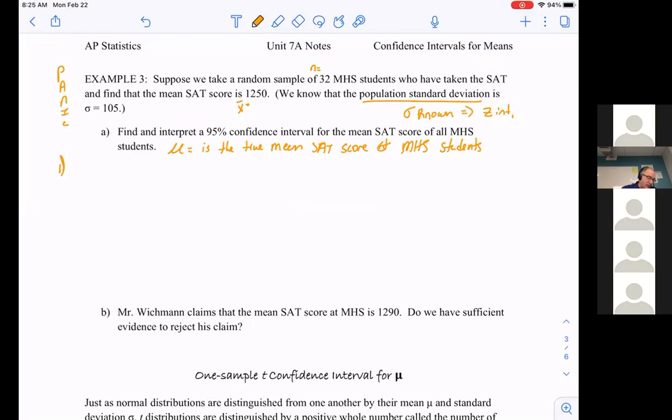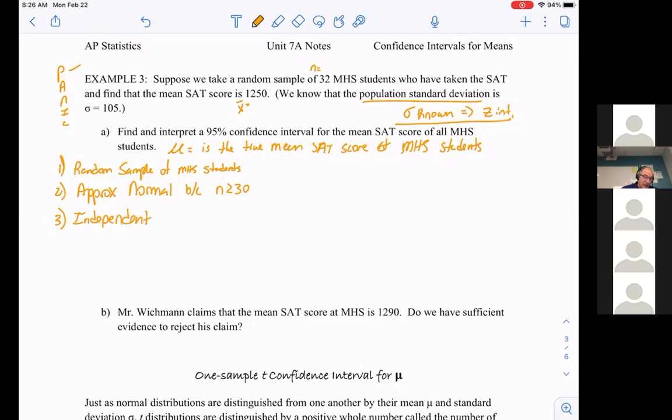So again, we've named that parameter. We have our assumptions. Number one is this has to be a random sample of MHS students. Number two is it needs to be approximately normal because n is greater than or equal to 30. And three, I'm shortchanging you because I took care of number three here, but I still just want to roll with the same ones, independent.